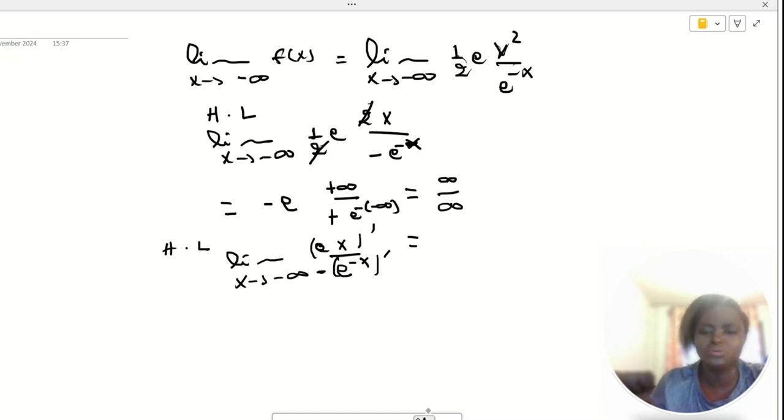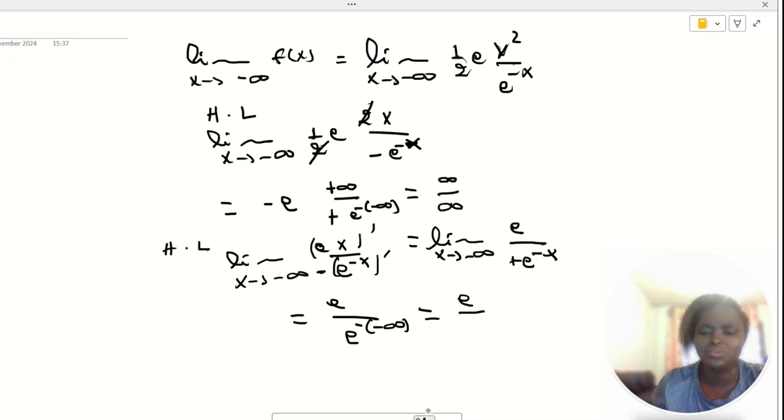So this will be equal to the limit when x tends to minus infinity of e, because the derivative of x is 1, over plus e power minus x. So if we replace x by minus infinity, we will get e over e power minus infinity, and minus will be plus, then it will be equal to e over e power plus infinity.